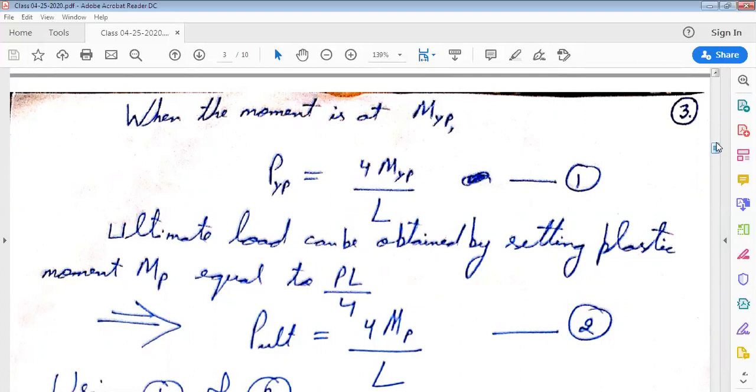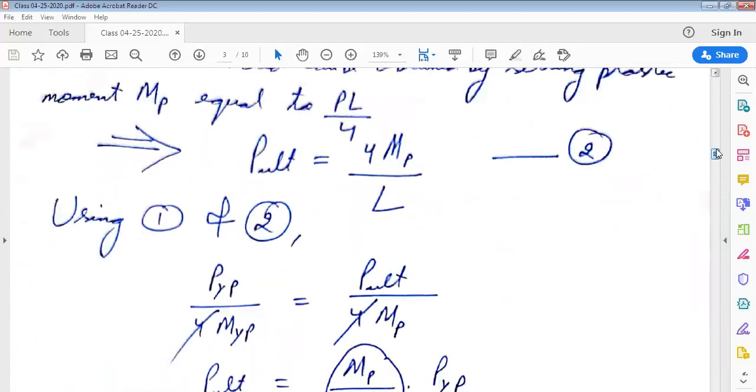In similar fashion, the ultimate load can be obtained by setting plastic moment MP equal to PL by 4. So that gives P ultimate equal to 4 MP by L. Please remember PL by 4 is the moment at the middle of the beam.